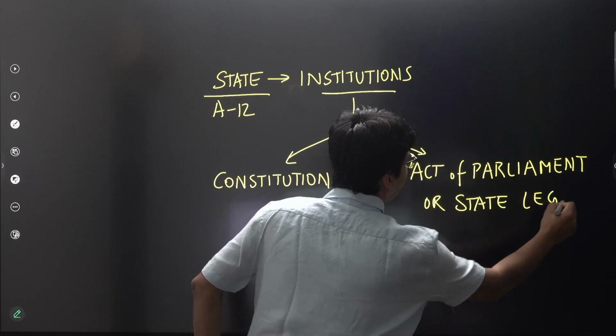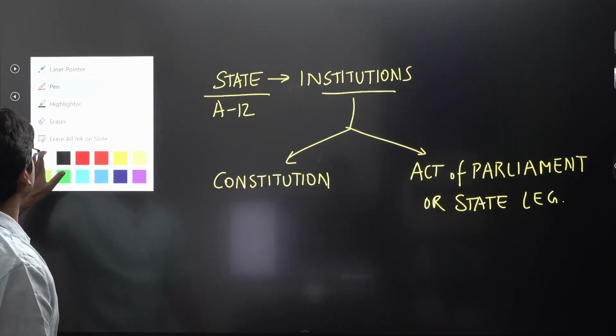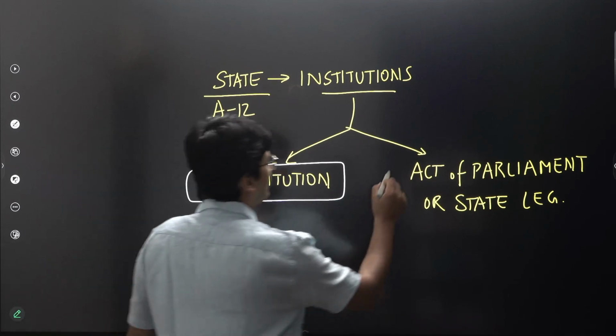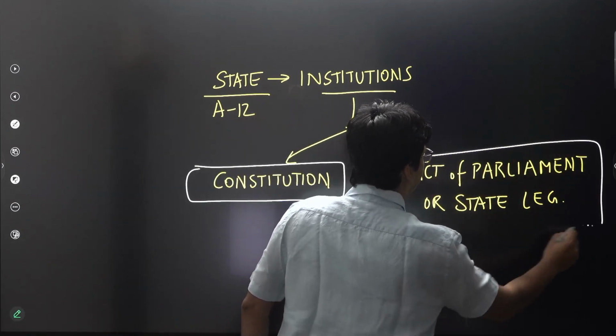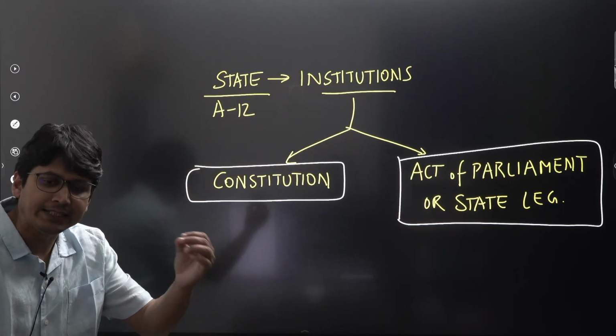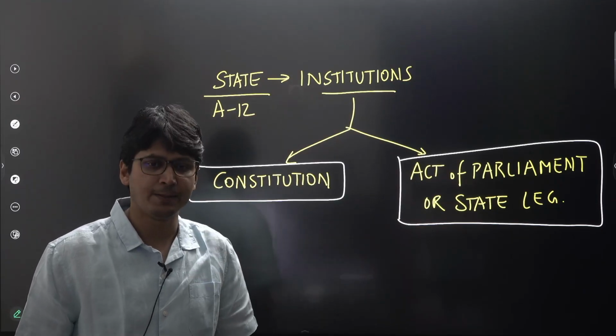So if any institution is created either by a constitution or by a statute, that is an act of parliament, then we can say that that authority or that institution or that agency is a state under Article 12. Okay? This was the earlier understanding.